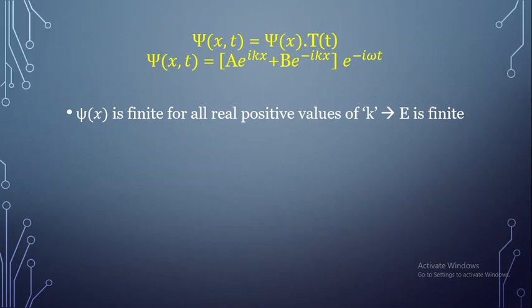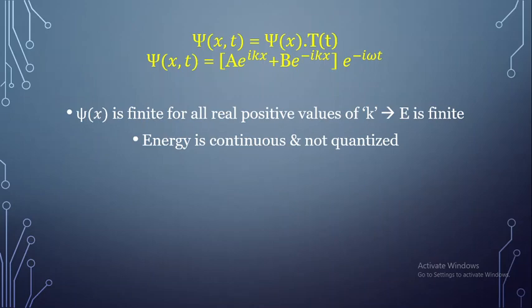Therefore, all real positive values of energy are the energy eigenvalues, because those are the only measurable quantities. As there are different values of k, the corresponding energy values are also going to be there. That's why the energy is continuous but not quantized. That is the nature of the energy eigenvalue.